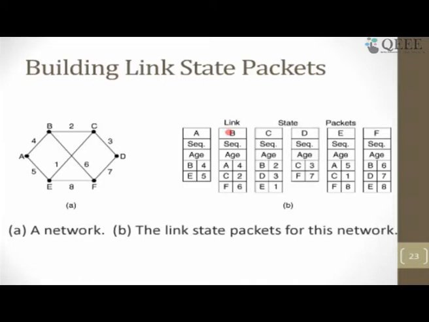Then B's packet is developed: the neighbors of B are C, A and F, and this is 2, 4 and 6, okay. C's neighbors are B, D and E, and this is 2, 3 and 1. Similarly, D's neighbors are C and F, and this is 3 and 7.